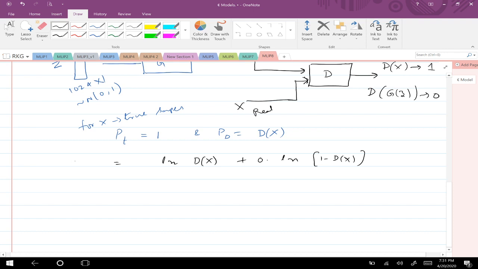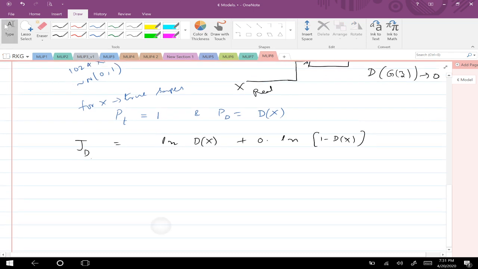This is the cost function, or objective function, of the discriminator. What we want to do is maximize with respect to the parameters of the discriminator, because the discriminator is a neural network having its kernels and weight vectors as parameters.